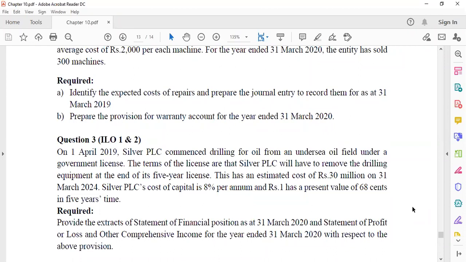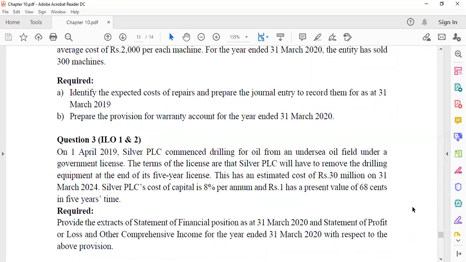This has an estimated cost of rupees 30 million on 31st March 2024. You need to remove it as per the agreement at the end of the 5th year. In removing this particular oil platform, you have estimated it may cost you rupees 30 million. So you can see that today we are on 1st of April 2019.